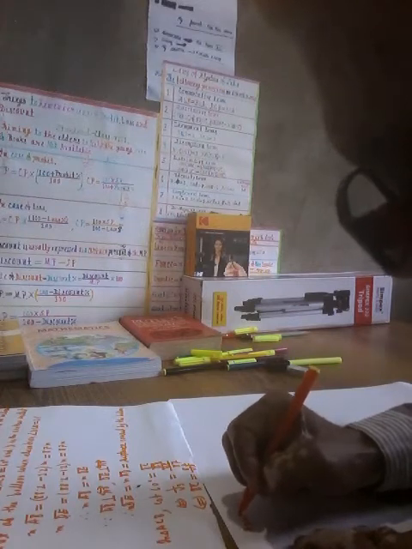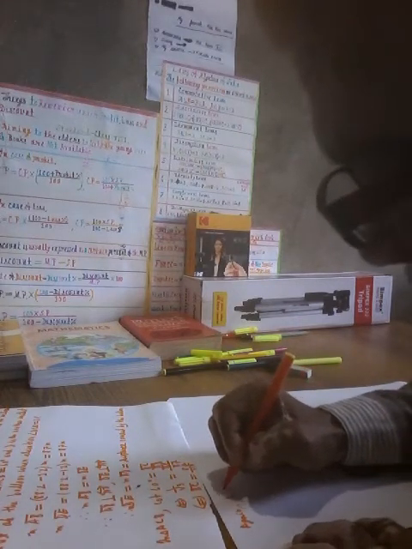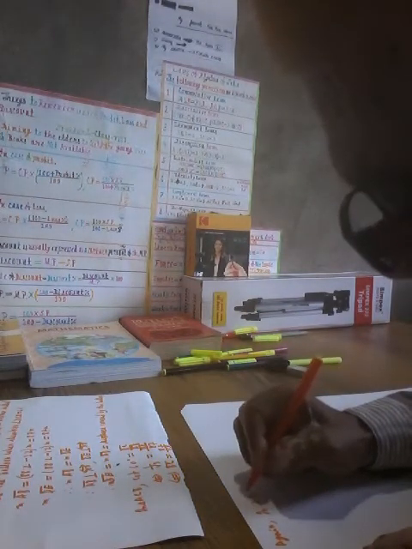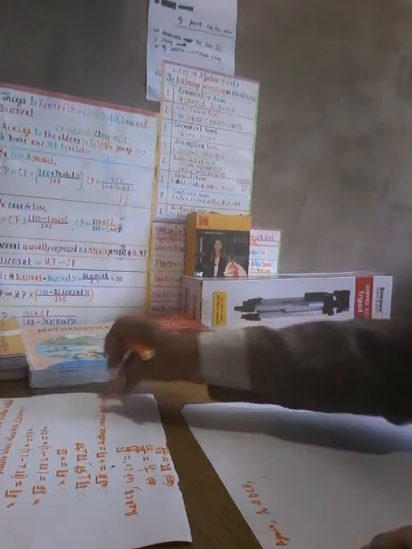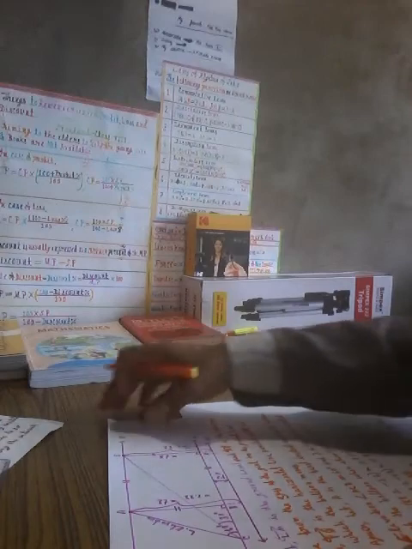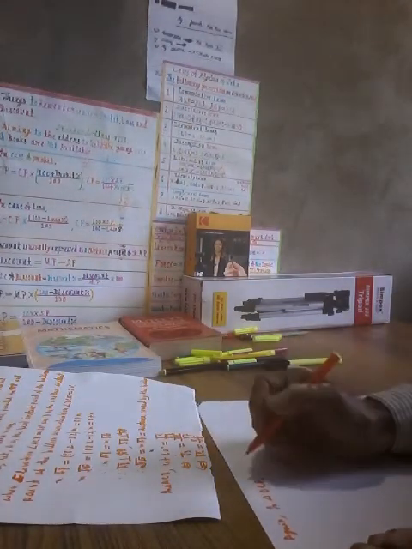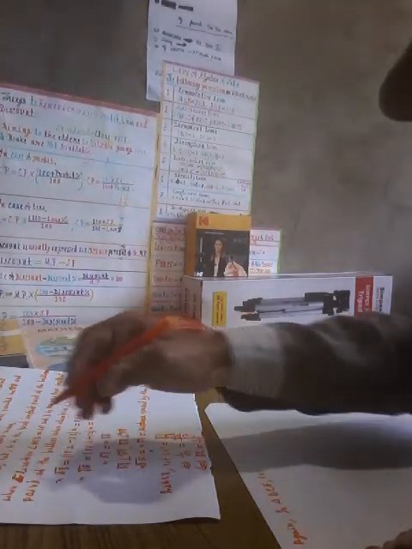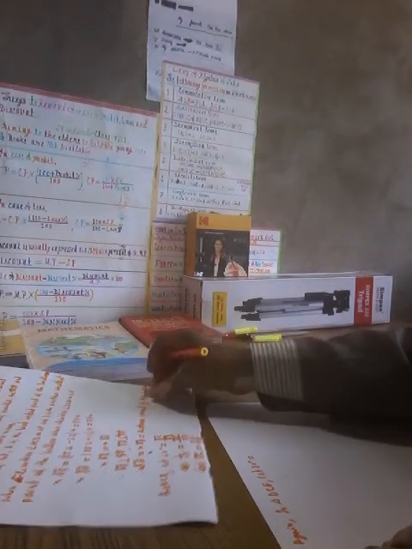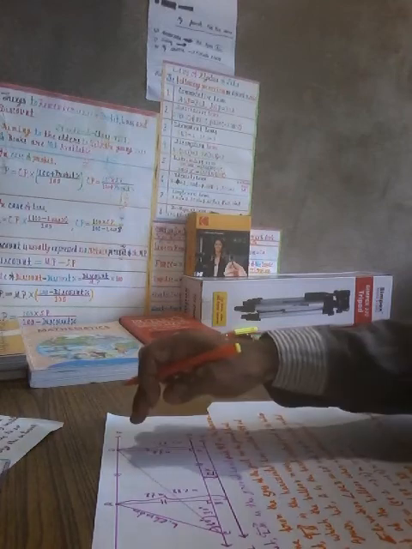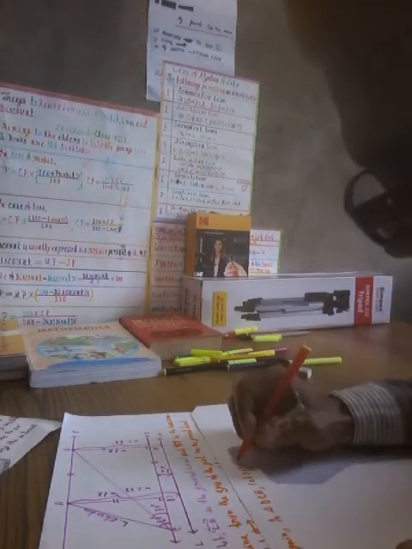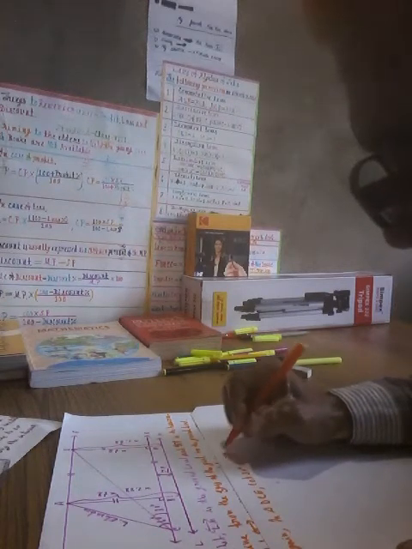Again, in triangle DCE, we need the measure of CE and DE, so we'll again go for cot theta. Cot 30 degree is equal to CE by DE.